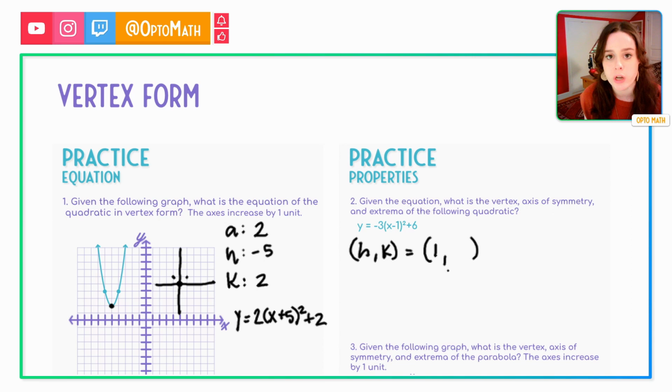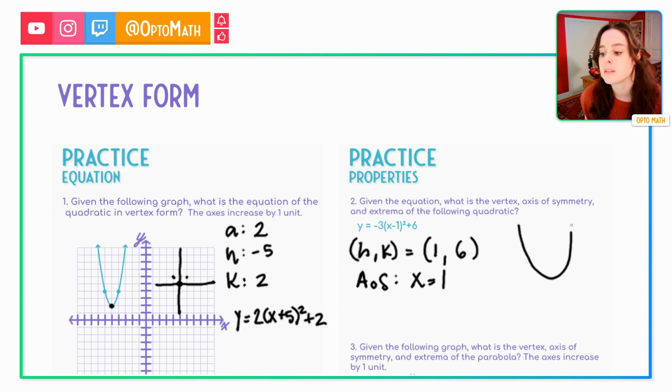Remember that h is subtracted, so the sign swaps. And then whatever's out in the end, that's 6. That's it. What's the axis of symmetry? Okay, remember that's going to be AOS, axis of symmetry. That's always going to be x equals the x coordinate of the vertex, which we just found, so it's x equals 1.